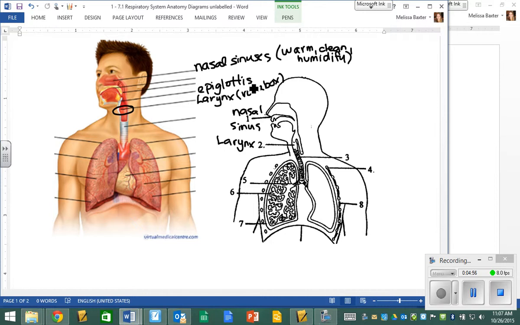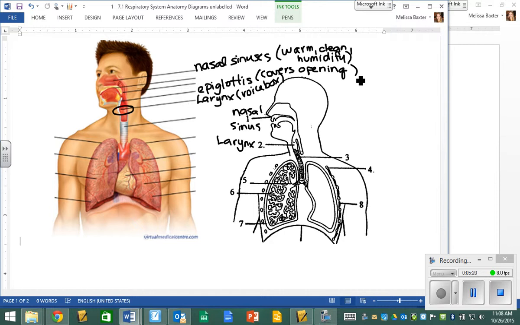The epiglottis covers the opening. It's so that food does not go into your lungs. So we would have briefly mentioned this idea when we talked about your digestive system, that food is supposed to go down your esophagus, not into your respiratory system.